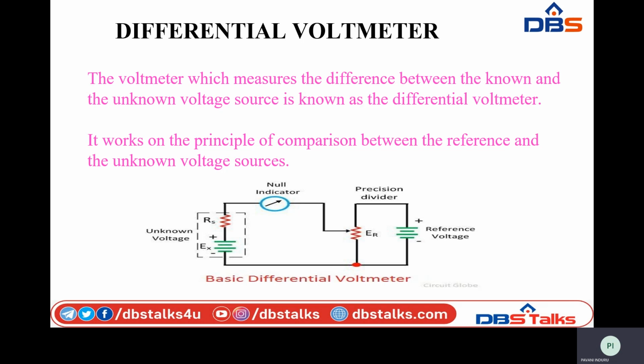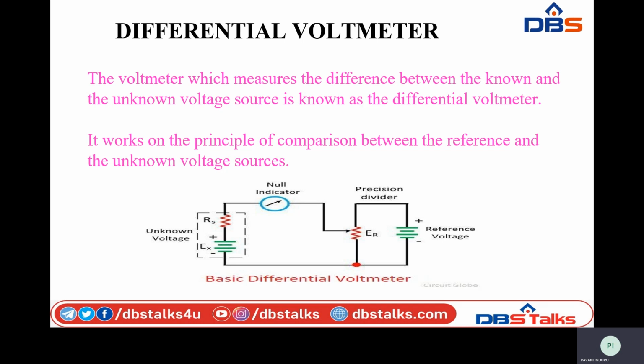Whenever the reference voltage becomes equal to the unknown voltage, the null indicator indicates zero deflection. The voltmeter which measures the difference between the known and unknown voltage sources is the differential voltmeter. It works on the principle of comparison between reference and unknown voltage sources.